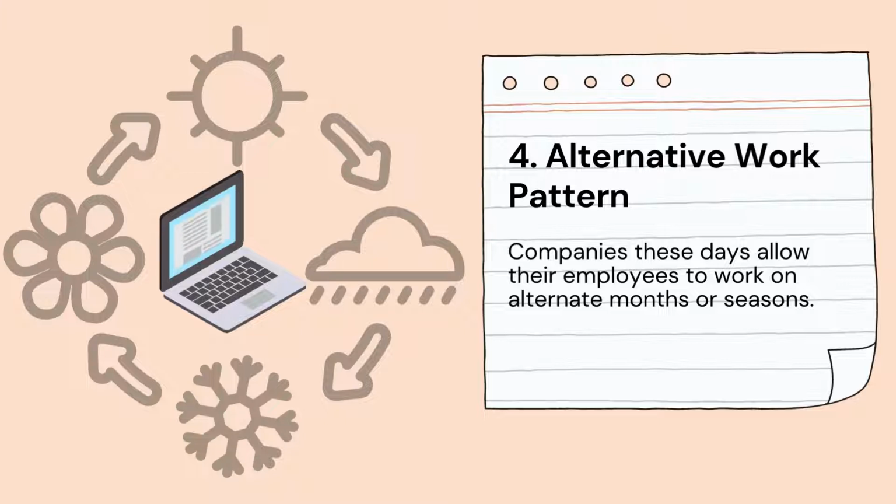They also have the option to work 2 to 3 full days and can relax after that. According to the latest concept, employees can work for a fixed number of hours and then attend to their personal needs during the rest of the day. So that's the concept of alternative work patterns.